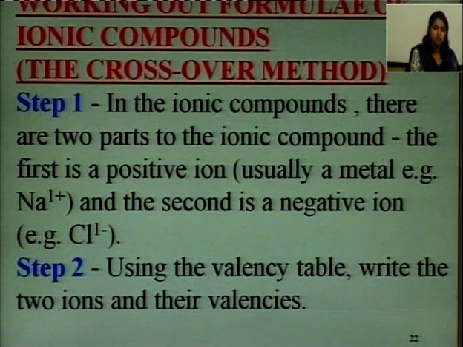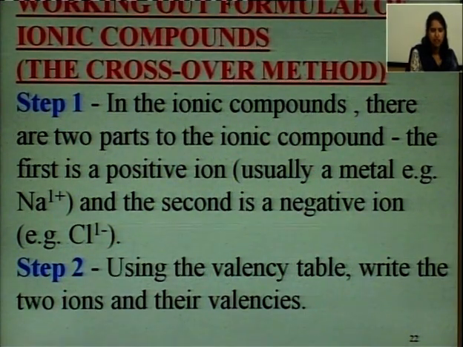The first is a positive ion, usually a metal, for example Na+, and the second one is a negative ion, that is Cl-. We keep the positive part on the left while writing, and the negative part on the right-hand side.